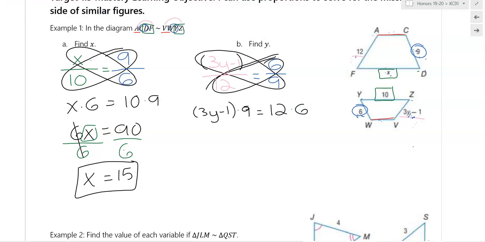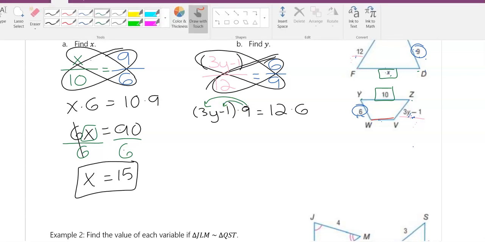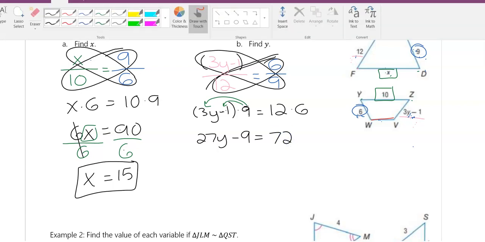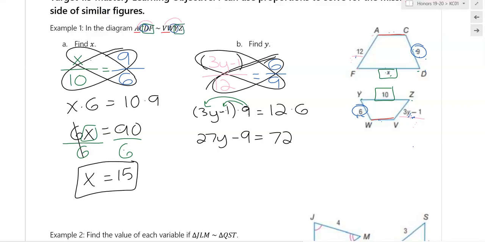My first step is to multiply, so here I do have to do my distribution. So we have 9 times 3y is 27y. 9 times 1, so minus 9, because it is negative 1, equals, and then 12 times 6 is 72. My next step to solve this is to add 9.